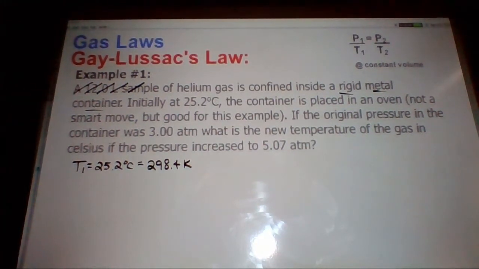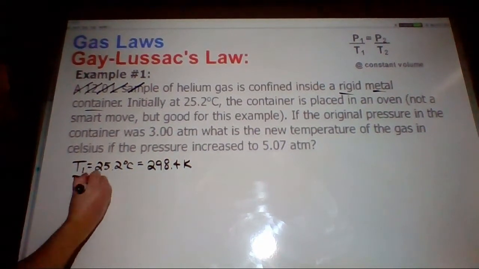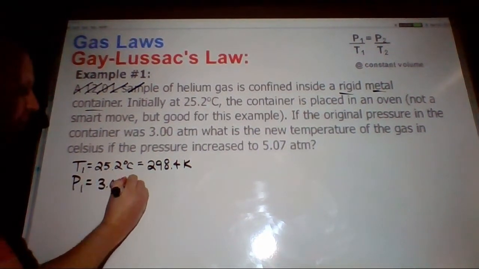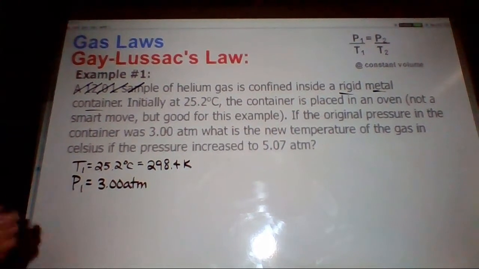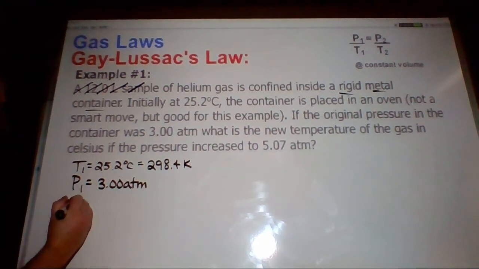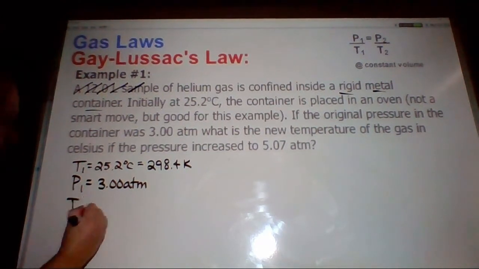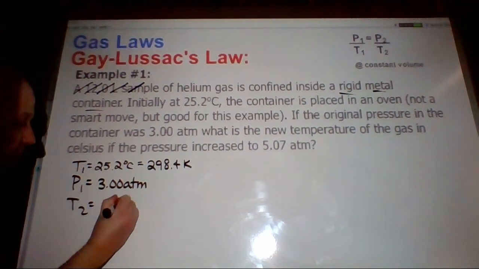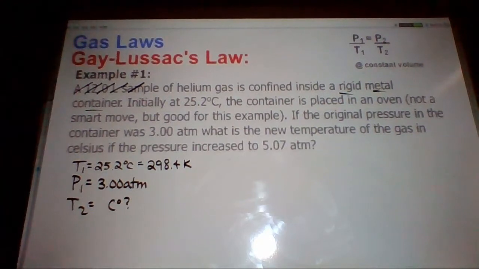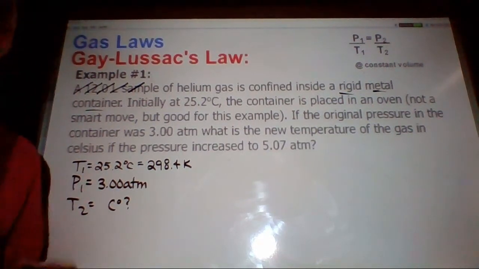If the original pressure in the container, so P1 equals 3.00 atm, what is the new temperature of the gas in Celsius? So temperature 2 is what we're looking for, and notice that it's asking for that in Celsius. I talked about this on Tuesday.